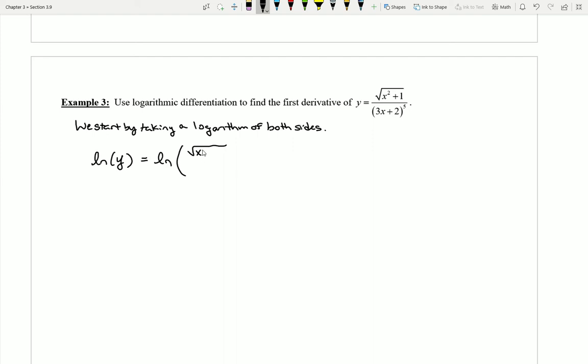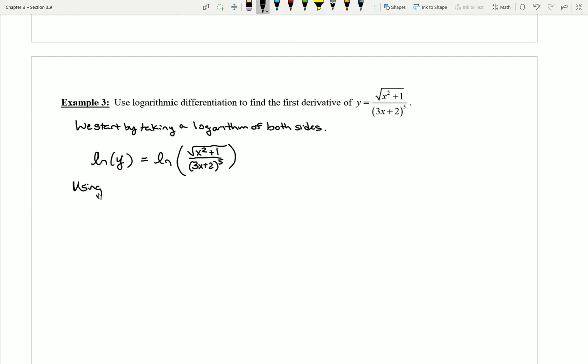Now, I'm going to go ahead here and immediately start to be thinking about what sorts of logarithm properties can I maybe make use of here before I start taking the derivative. Specifically, I'm looking at what properties of logarithms I can use to simplify this right-hand side.